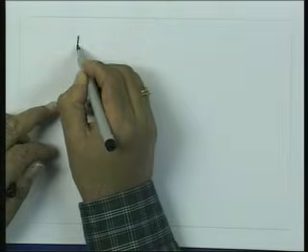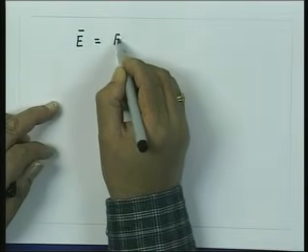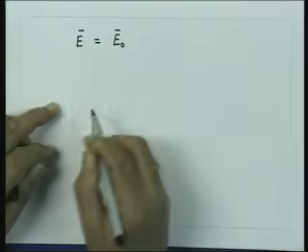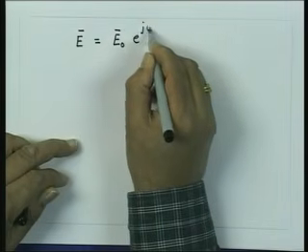So, let us define now the general time varying fields, electric and magnetic fields, which could be varying as a function of space and time. Let us say at some point in space I have the electric field E, which has some magnitude E0 and a variation e to the power j omega t.